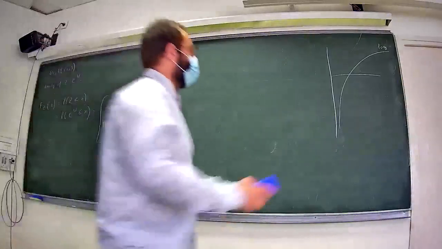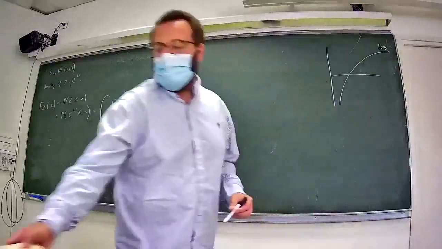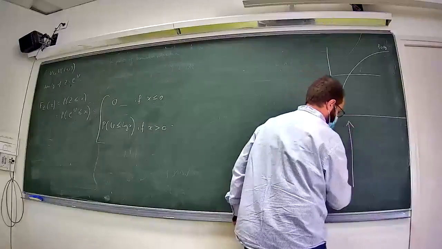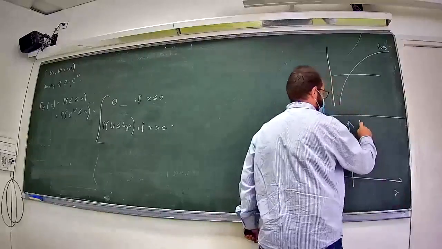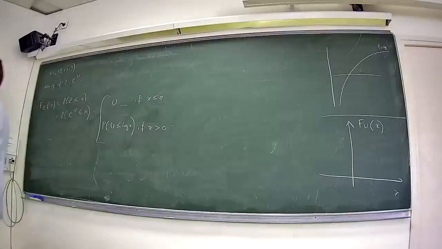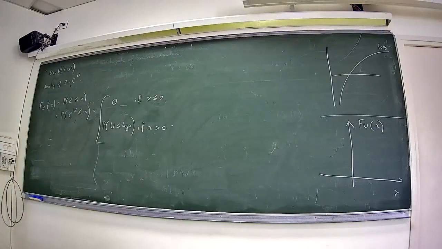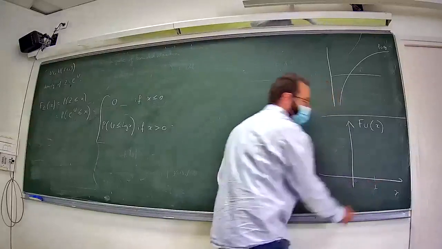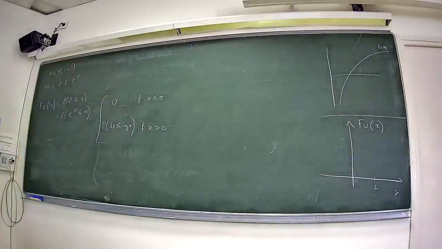What is the distribution function of a uniform on the interval 0, 1? I can plot it. I repeat, what is the distribution function of a uniform on the interval 0, 1? Something we have seen together.